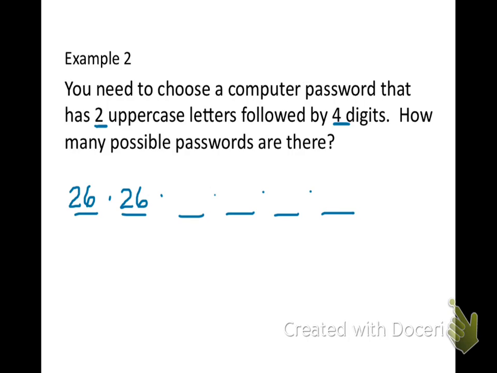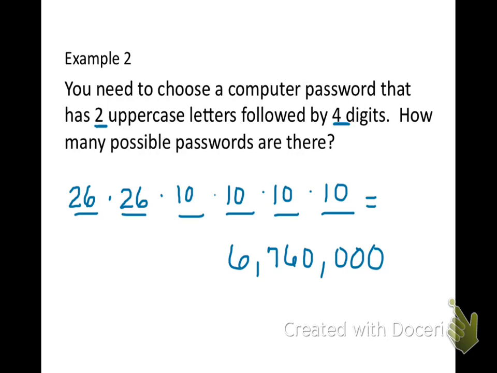So if you count them up, 0 through 9, there are 10 choices to be made. And again, no exclusions. So you can see pretty quickly how fast this multiplication property grows. And when you multiply all those together, you should get 6,760,000 possible passwords.